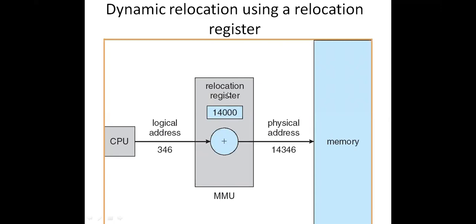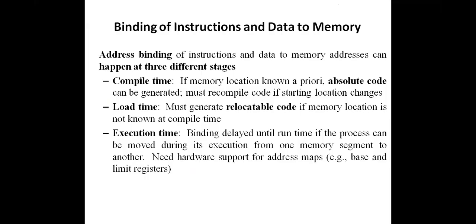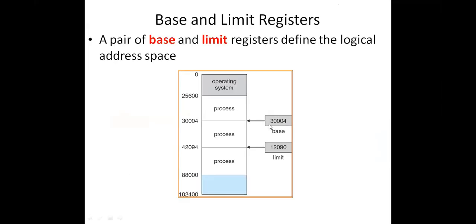14,000 is the relocation register. What is a relocation register? A relocation register is nothing but a base address. What is a base address? It is the starting address of the process, the starting address location of the process in the main memory.